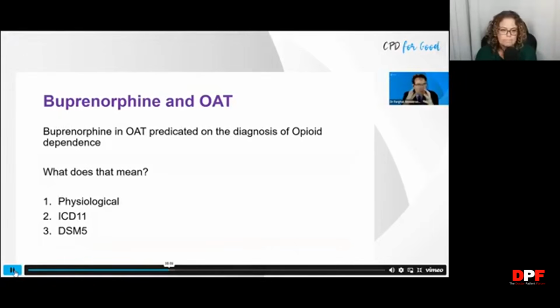Okay, so buprenorphine and its role in opioid agonist therapy. So remember, I said earlier that you can really only use opioid agonist therapy, buprenorphine, once you've made a diagnosis of opioid dependence. What that means on a patient-by-patient basis can be variable and depends on really the interpretation that every individual clinician makes when faced with that patient.